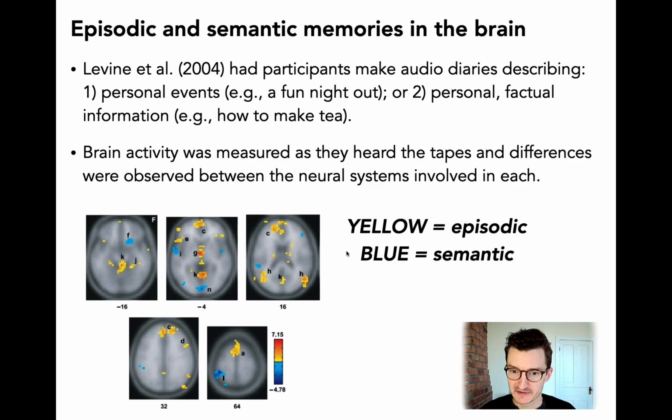And where this activity is occurring, for our purposes, it doesn't really matter. The point is that it's happening in different brain areas. So episodic versus semantic memories seem to dissociate in both the mind and the brain. We've seen that with the neuropsychological patient evidence, and we're seeing it here with functional neuroimaging.